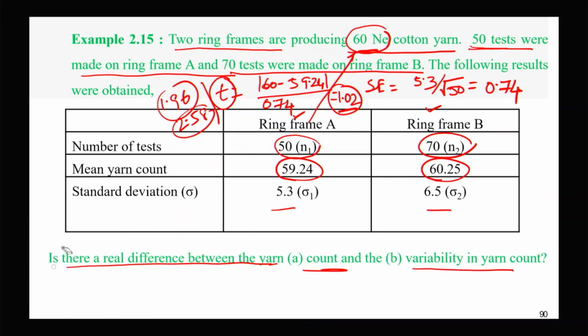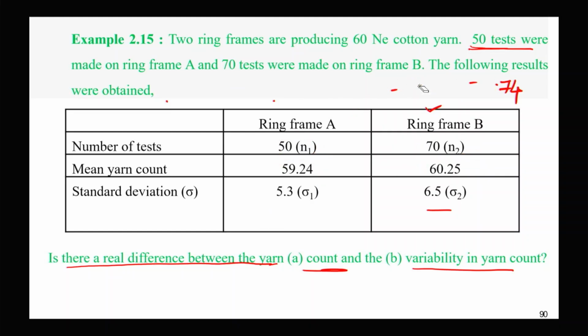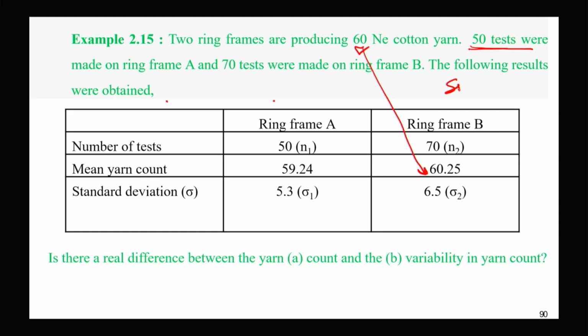Now, we should be happy with that conclusion, that ring frame A is not producing a significant difference. Now let us see ring frame B. Standard error will be 6.5 divided by under root 70. It is coming out to 0.77.